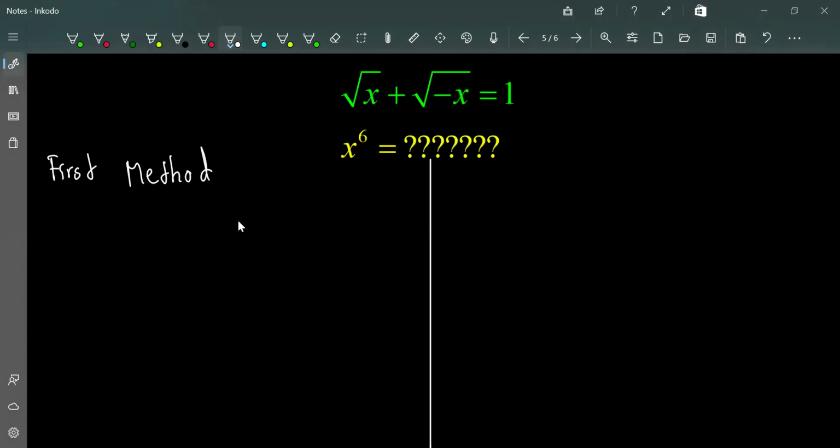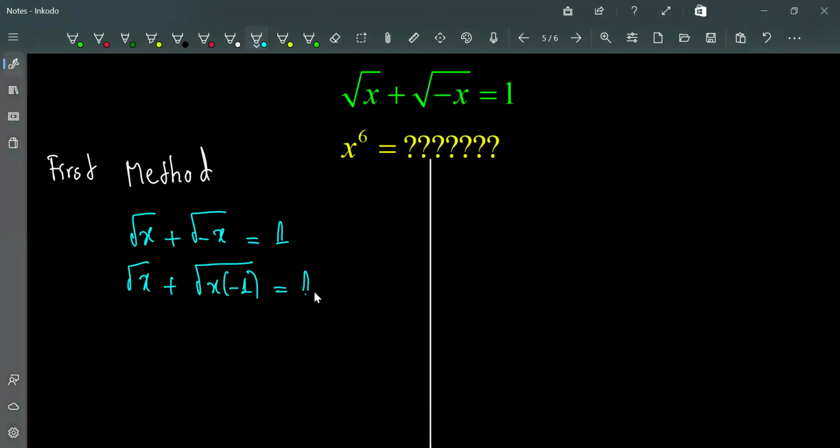In the first method, if we have square root of x plus square root of negative x equal to 1, then the square root of negative x we can write as the square root of x times negative 1, equal to 1.